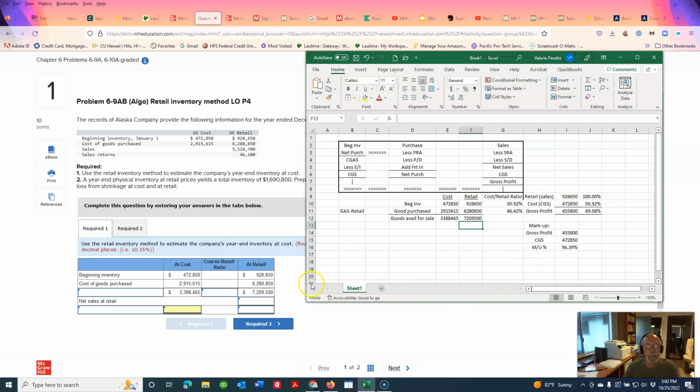So what is our net sales at retail? We need to calculate that, and we have that information given to us in the problem.